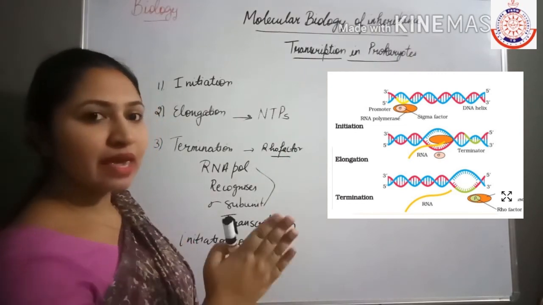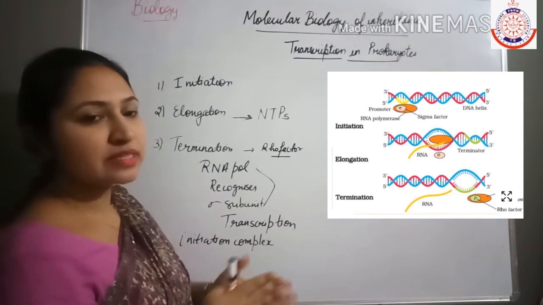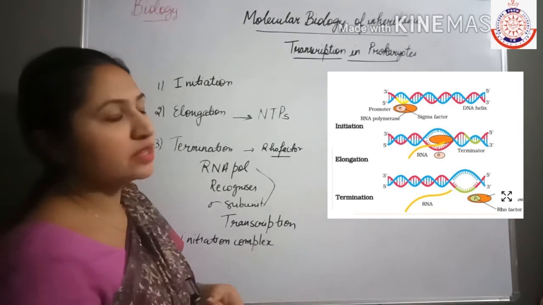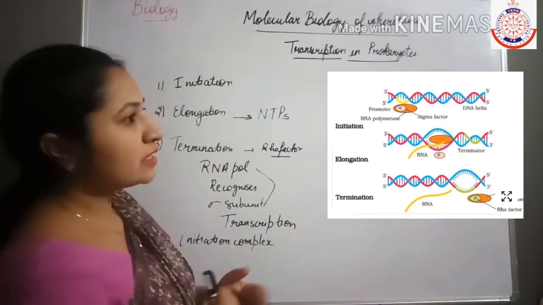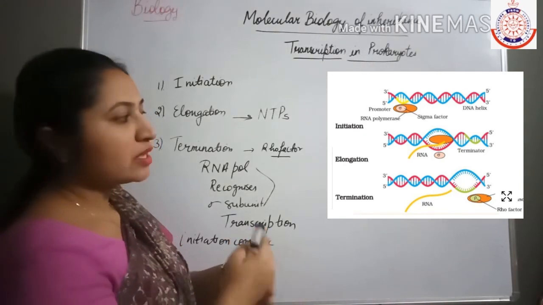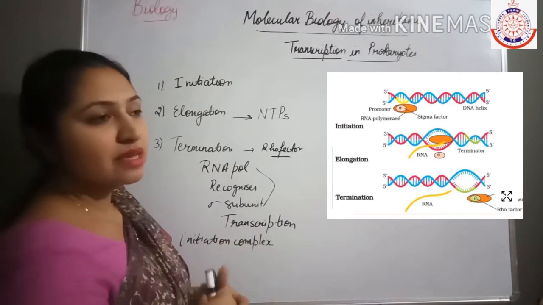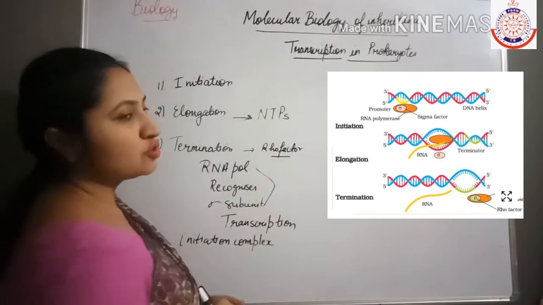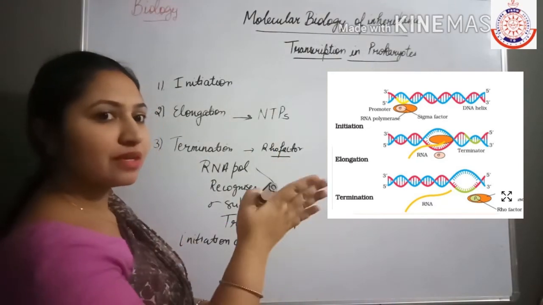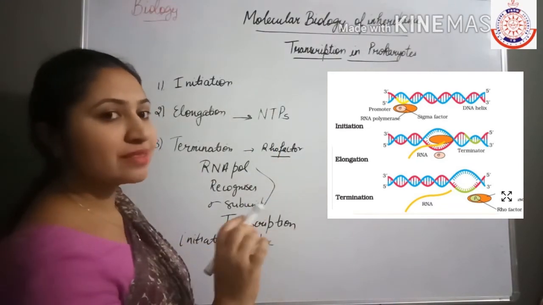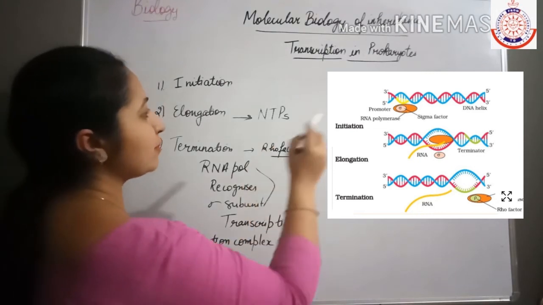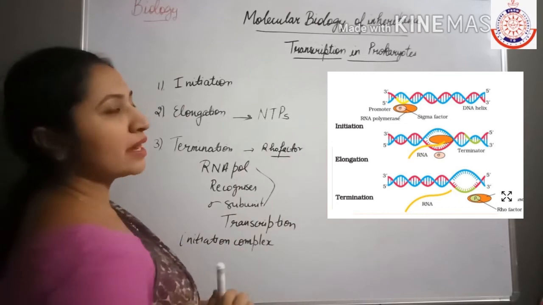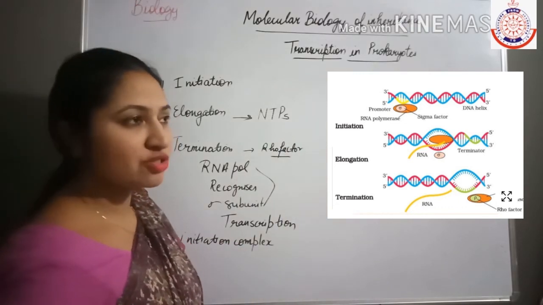Elongation means when by the action of the RNA polymerase the hydrogen bonds present between the DNA helix break down and the bases get exposed, then the NTPs that are joined there add on, and always the synthesis occurs from 5' to 3', because the 3' to 5' strand is acting as the template strand.